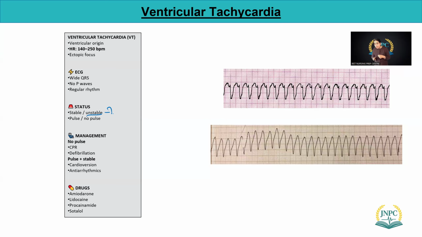So if the patient is stable, the best drug to give is amiodarone. And if that does not work, then cardioversion. If the patient is unstable, then we can always start from least invasive to most invasive, right? VTAC.